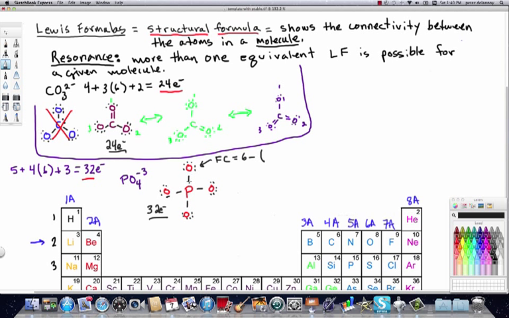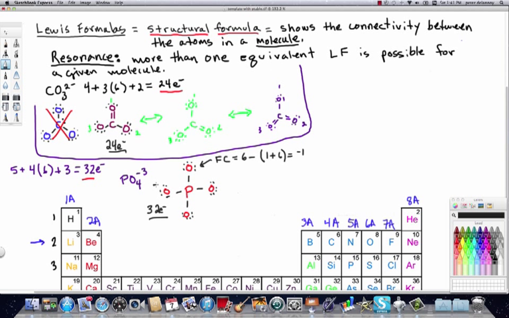Well, there's only one bond between the oxygen and the phosphorus, so that's going to be 1 electron. And then that's going to be added to the total number of electrons in unshared pairs, so it's going to be 2, 4, 6. So the formal charge on the oxygen is -1.